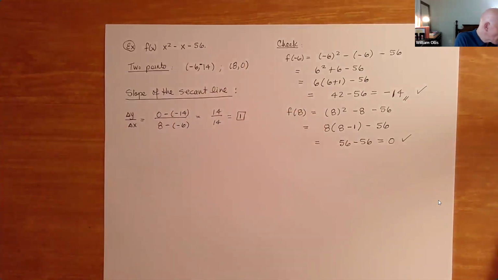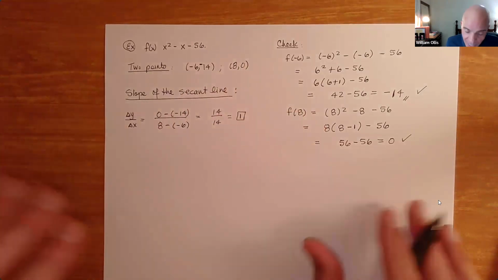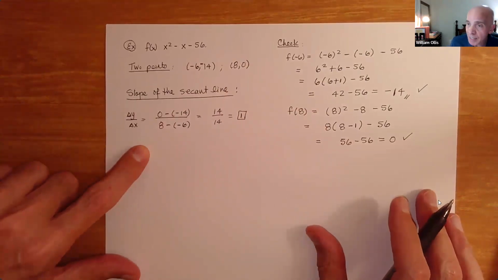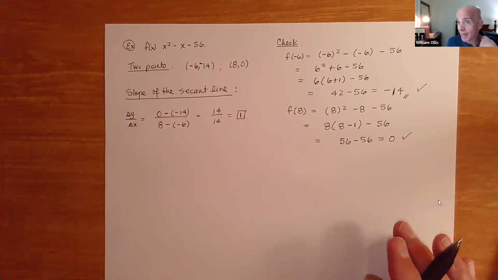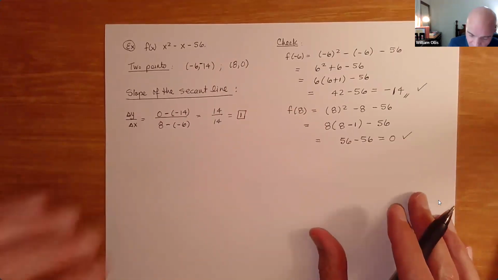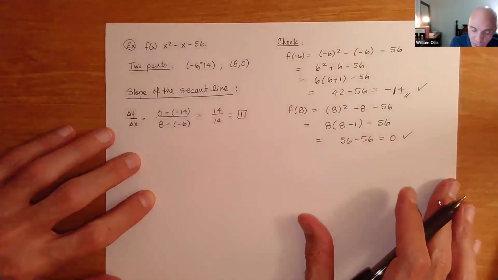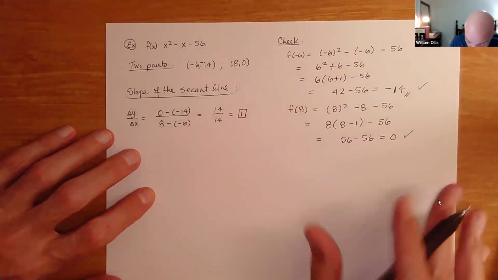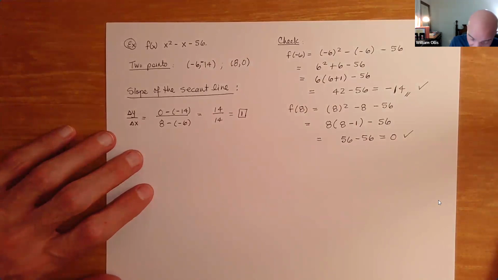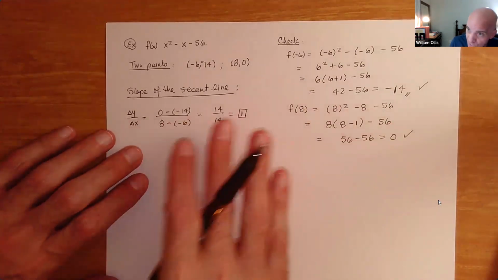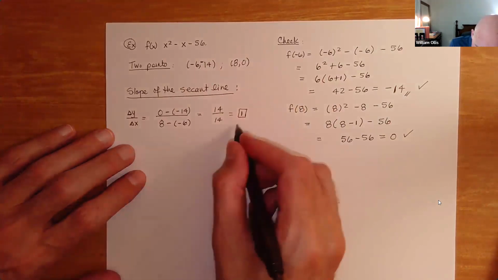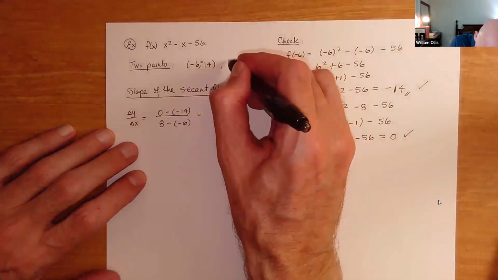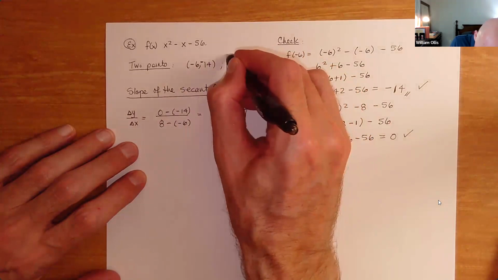Now in the next part, the question asked us to go ahead and write the secant line. And what we're doing is that we want to find the tangent line that has the same slope. So this will just be a nice application of the mean value theorem. First, let's get the secant line, then we'll go back to the hypotheses. So in this case, let's be lazy. Let's just take that really simple point right there.